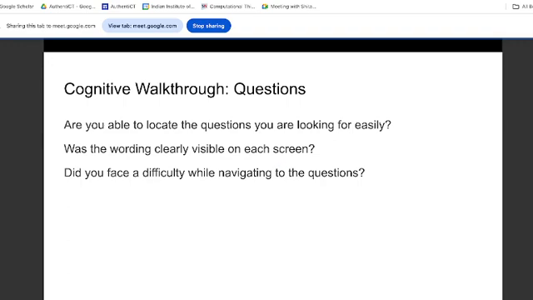So here some user would have given the feedback that the useful link was actually in small font, but the other links were in bigger font. So that was confusing to me. That could have been an answer to this question. So this question is more useful. Then this: did you face difficulty while navigating to the question? I did.